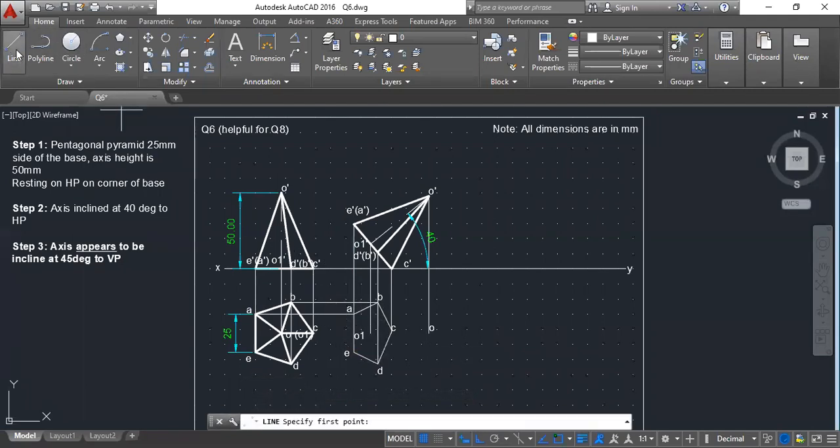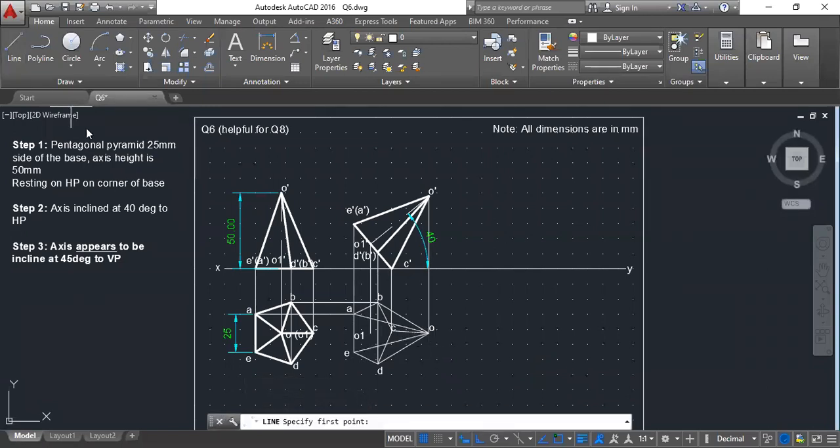The next thing is from the apex, join each and every corner of the base. From O to A, from O to B, from O to C, from O to D, from O to E. Done. So first I have drawn the base, then joined the apex to each and every corner.